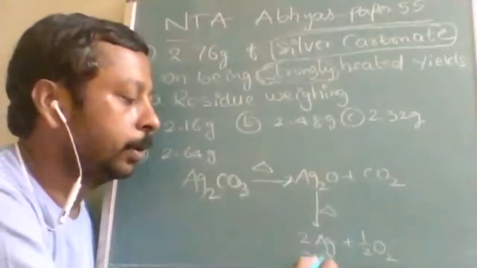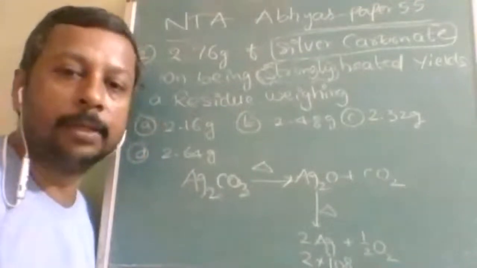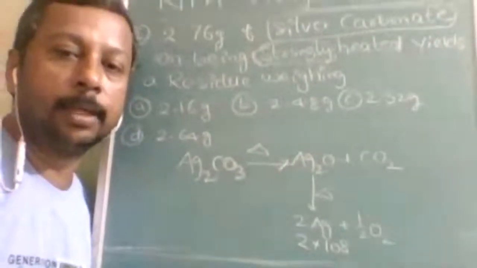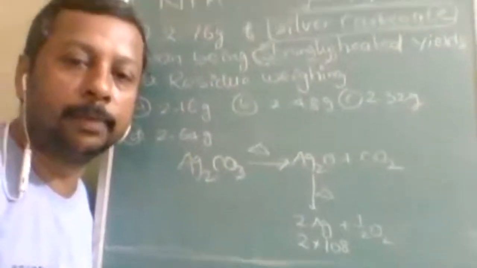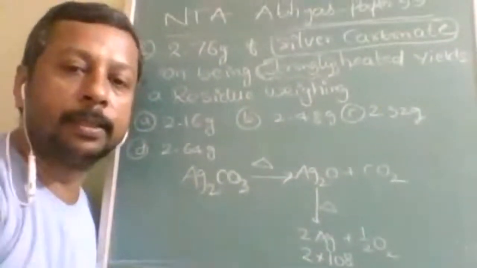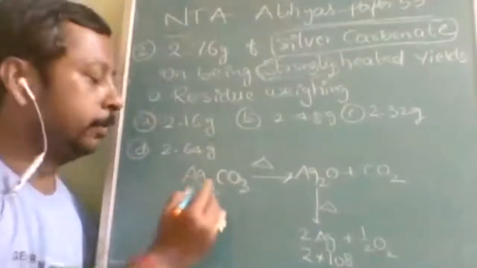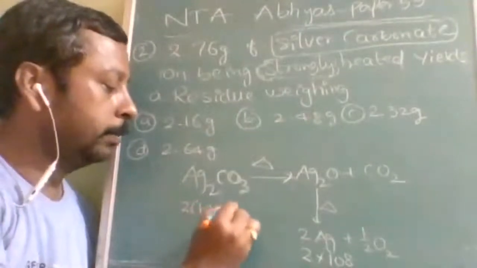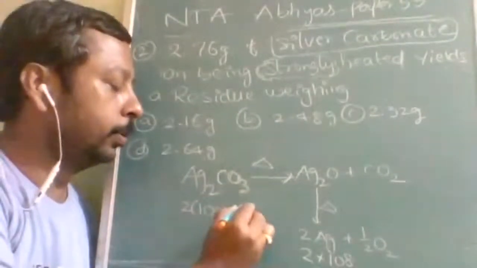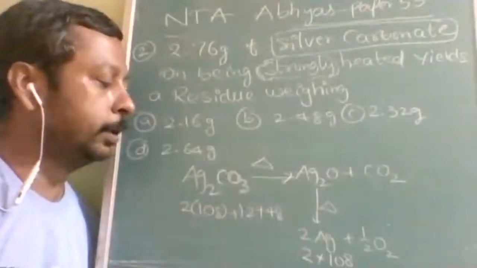According to this, 2 into 108. What is 108? 108 is the atomic mass of silver, and this much residue will be left. For the mass of Ag2CO3 we use 2 into 108 plus carbon 12 plus 16 times 3, which is 48.